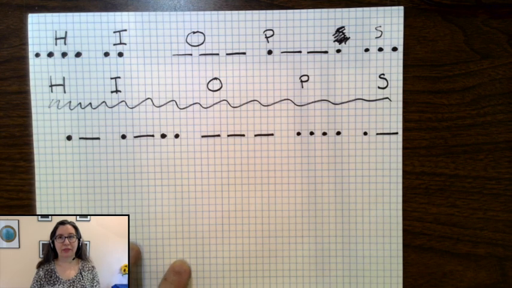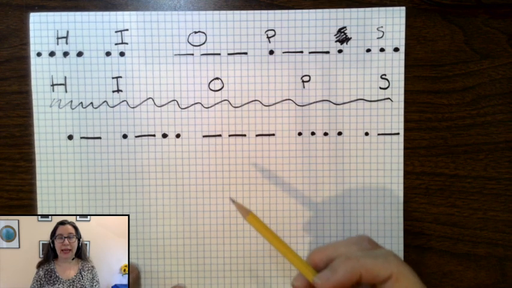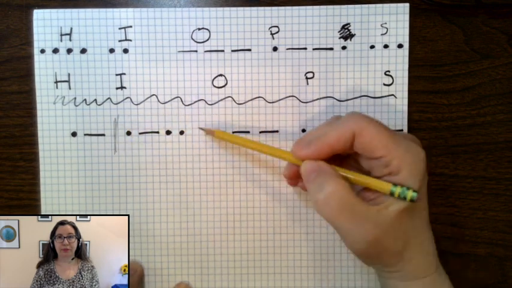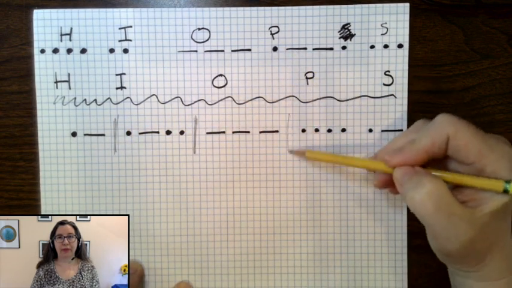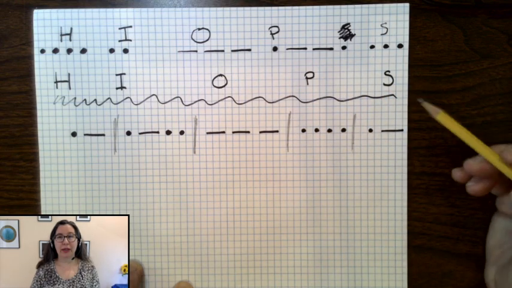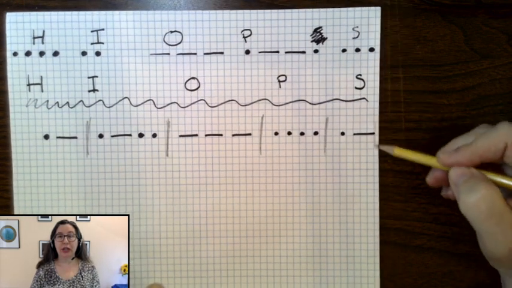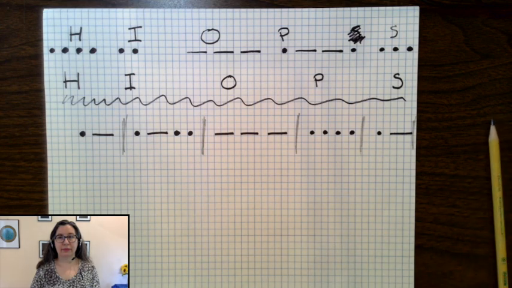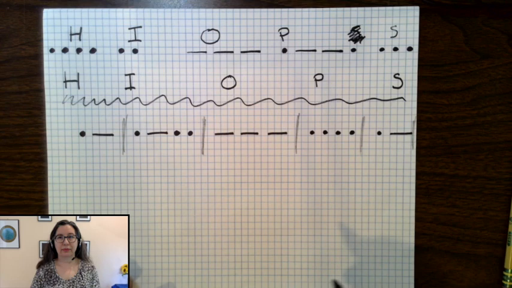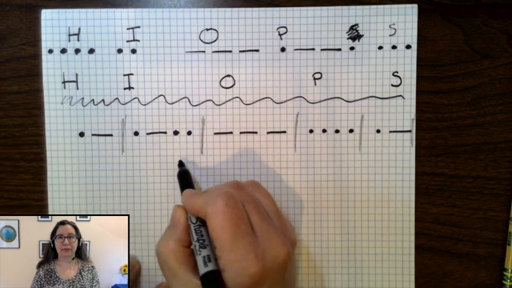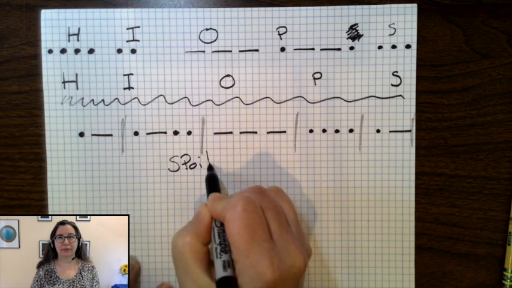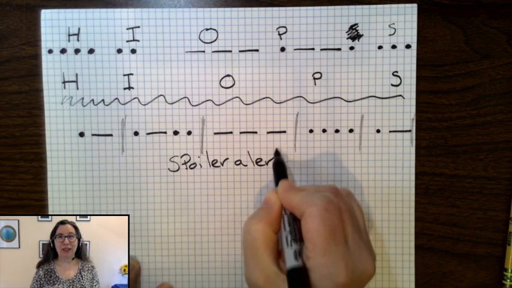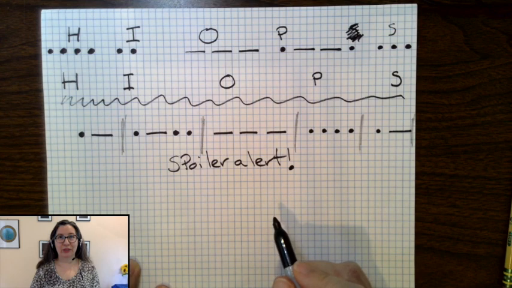And that's the last letter. Try to translate it using the Morse code key, the Morse code chart. I'm going to put vertical lines in between the letters to make it easier for you to see where each letter starts and ends. Spoiler alert, if you're not ready to see the answer, pause the video here.